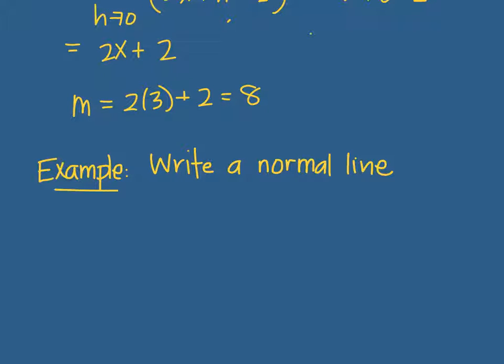And so for a normal line, we want the slope of a perpendicular. So we indicate that with the m with a little perpendicular symbol underneath, which is like an upside down T. So what will the perpendicular slope be? Negative 1/8. And the point we want to go through is the point 3 something. Now x was 3.